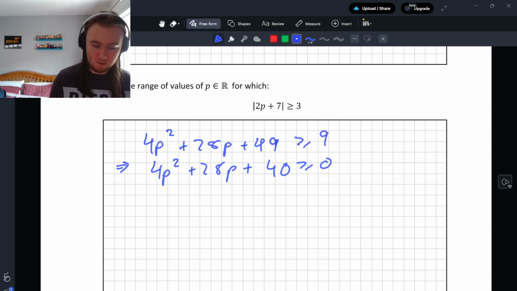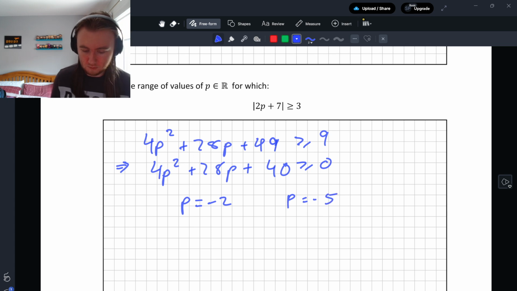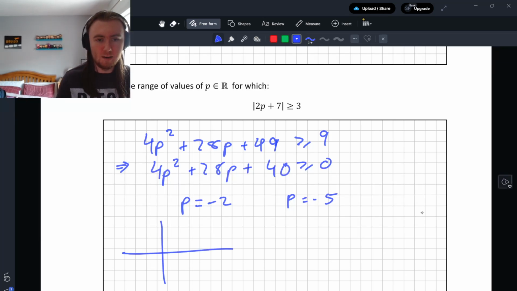Yeah. So you get the critical values of minus 2 and minus 5. Now, if we want that to be greater than or equal to 0, we'll just plot the 2 roots and then write it in interval notation. So there's minus 5 and there's minus 2.